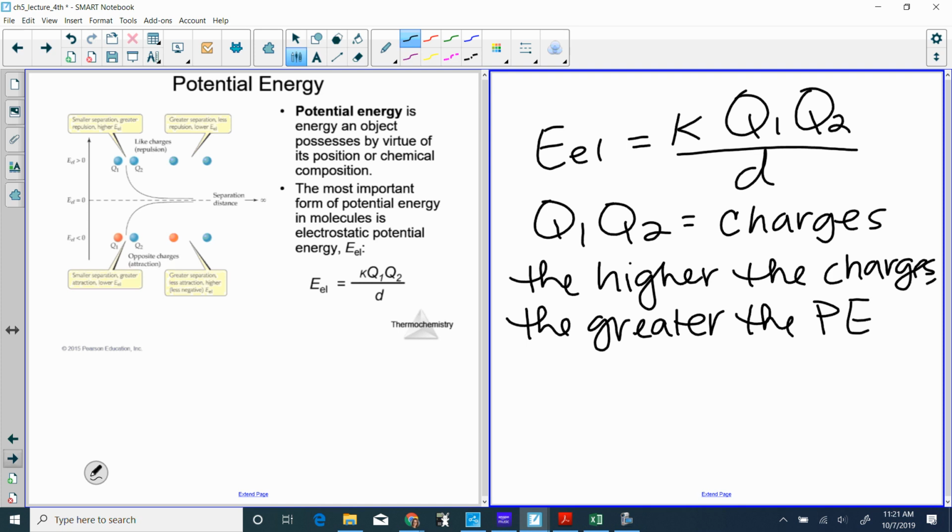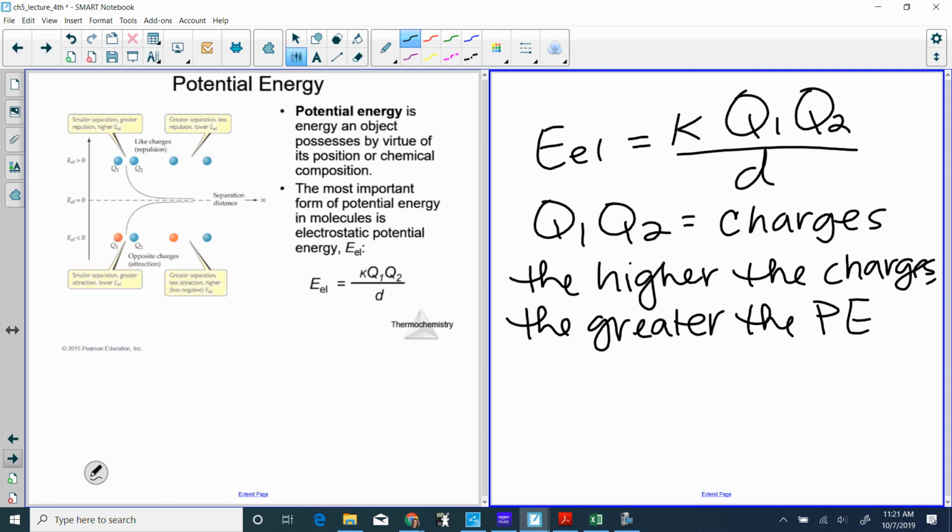So if I take 4 magnets on each side, that is going to be a greater attraction than if I just take 1 magnet on each side. Or if I flip them, it's going to be a greater repulsion. The higher the charges, the higher the potential energy.